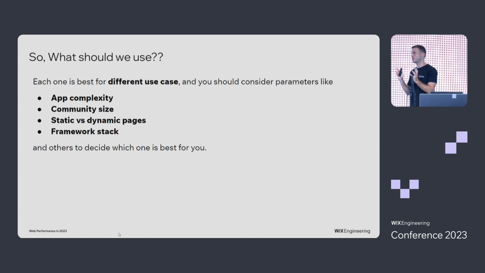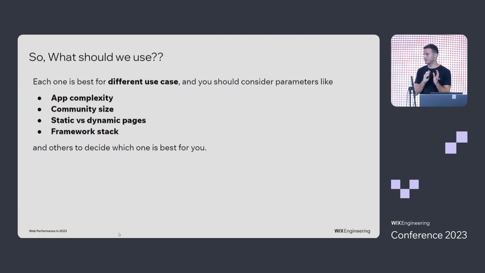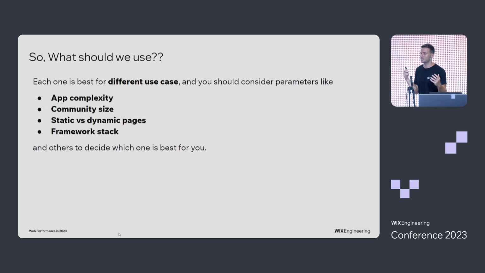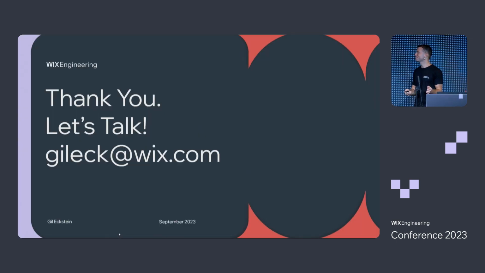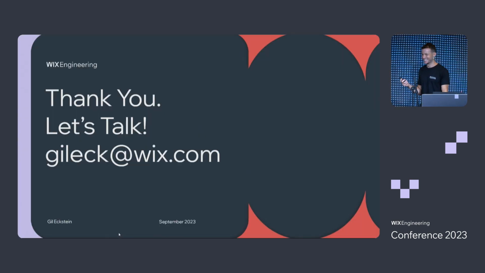So I think Astro has a lot of downsides in that area. But for sure, it has use cases where it's better. Remix has use cases where it's better than Next. And again, like I said, you have to check which framework is best for your use case. Thank you very much.